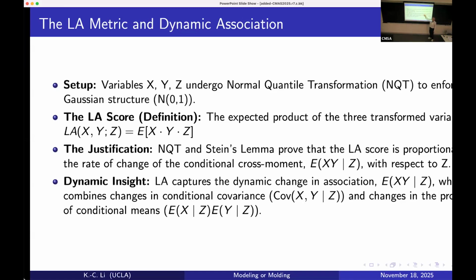Now I want to see what's the effect of changing this product when I control Z from the lowest to the highest. So I need to take a derivative with respect to Z and then average out again. All right, so that can be estimated by this. And the assumption needed is that Z has to be normal, and that's the consequence of Stein's lemma.